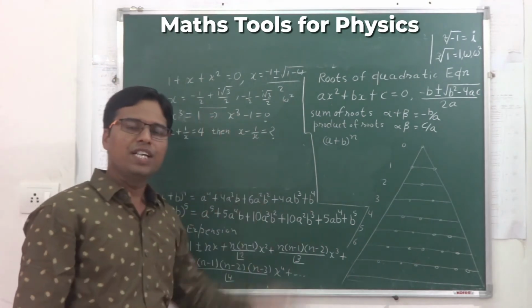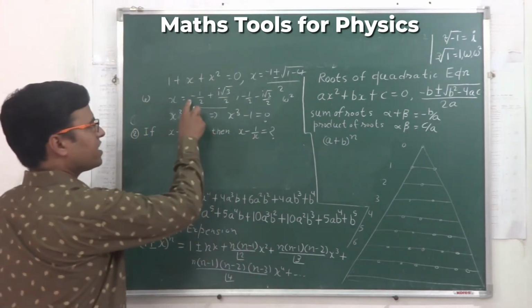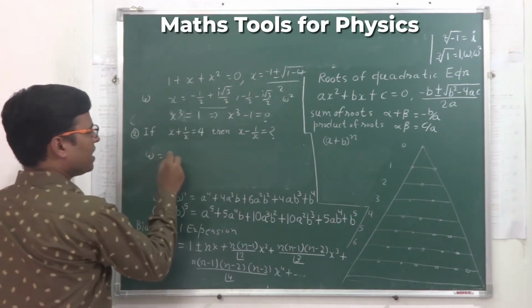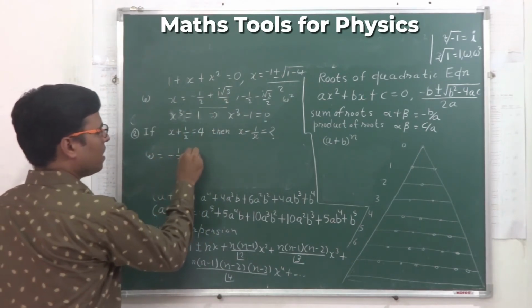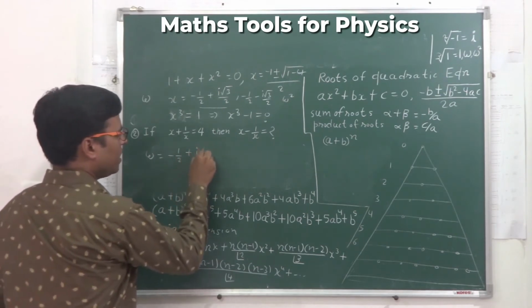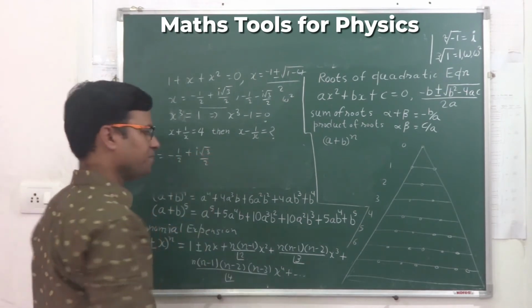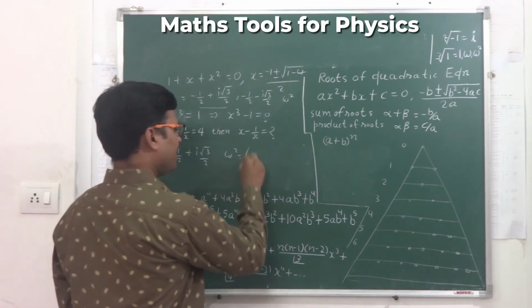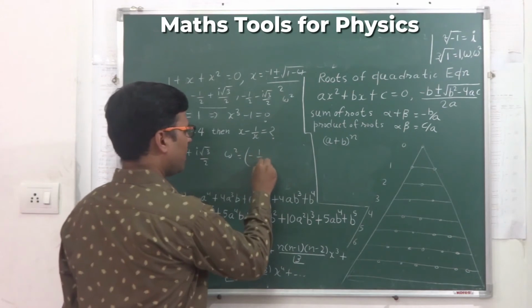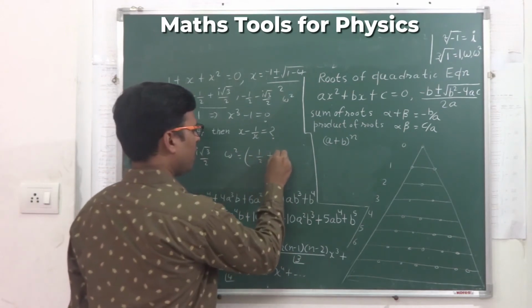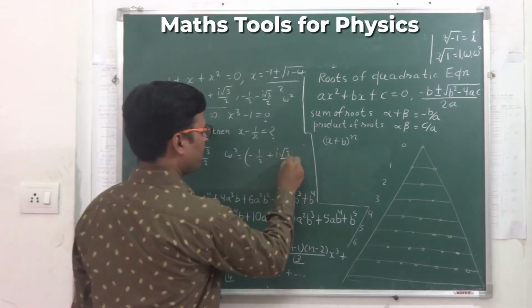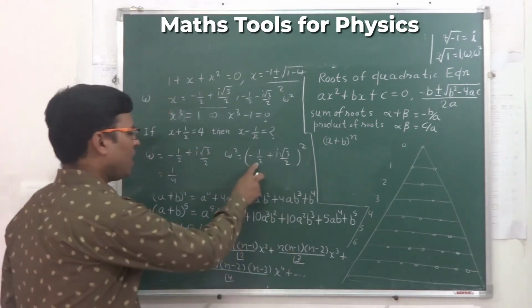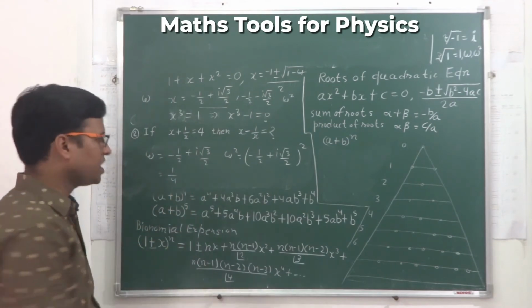If we want to get the square of the first root of this equation, we write omega as equal to minus half plus iota square root of 3 by 2. Then omega square can be calculated by the square of minus half plus iota square root of 3 by 2. The square of half is equal to 1 by 4 with positive sign.